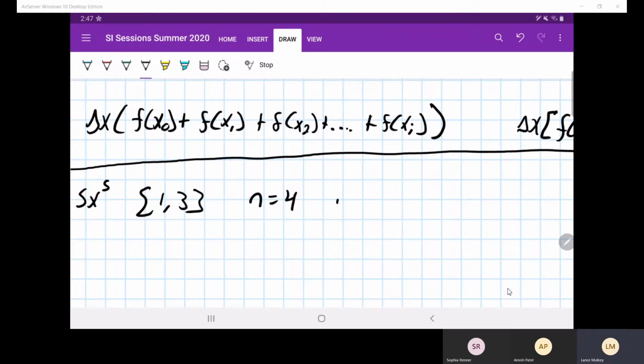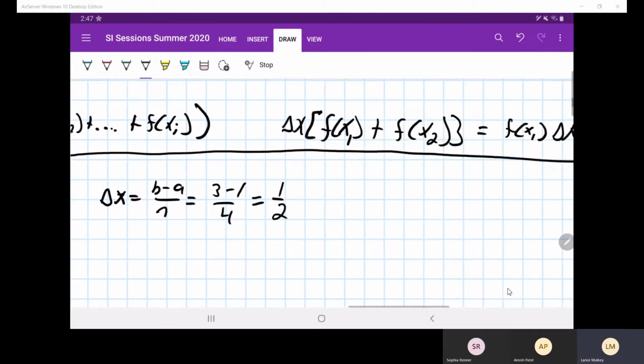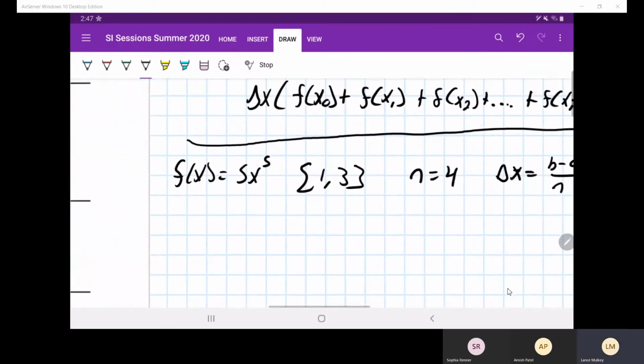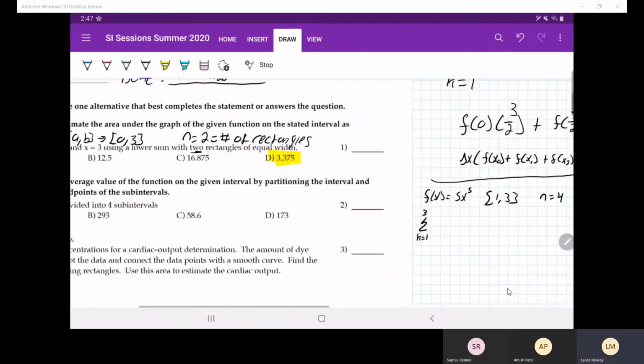Now we find delta x. Delta x equals b minus a over n, which equals 3 minus 1 over 4, which equals 1/2. And we can get our equation. And we got to use the midpoint, right? Yeah, so sigma of k equals 1 to 4. Did I do this one right?